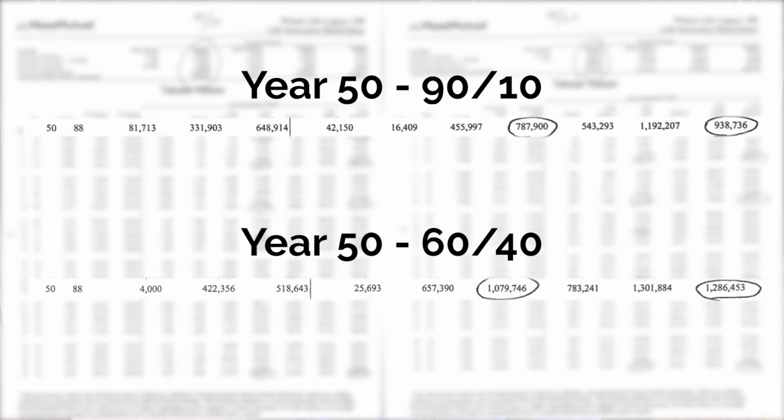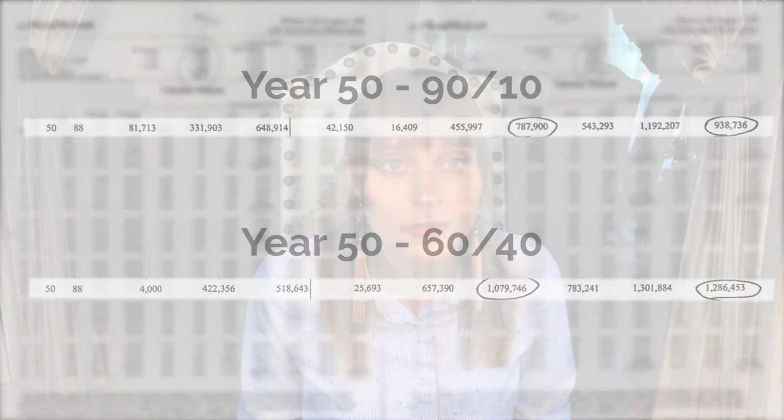Okay, and last and final, let's take a look at that death benefit. If he passes when he is 88 years old, on his 90-10 illustration, his family would get $938,000 of death benefit. When he is 88 years old, on his 40-60 illustration, he has 1.2, almost 1.3 million that he is able to leave to his family and start a legacy with.